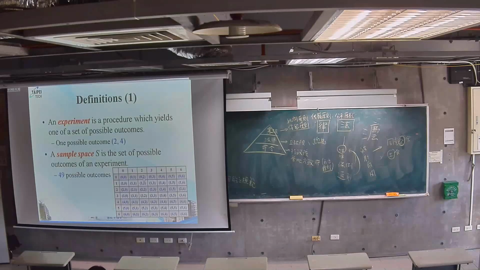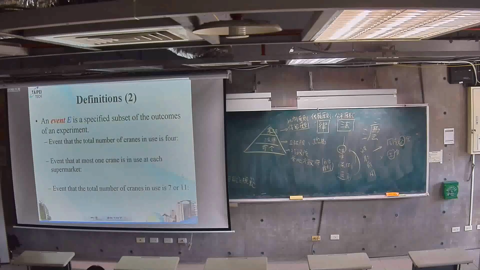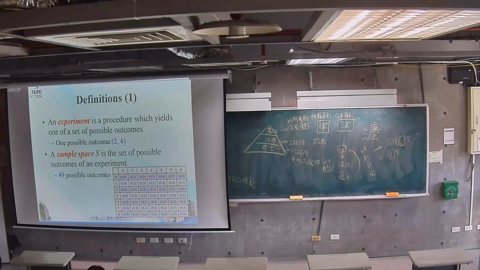If you want to know the total number of cranes in use simultaneously, we just add the two numbers of each pair. So for the pair 2, 3, we have 5 cranes in use in total. Just remember this.